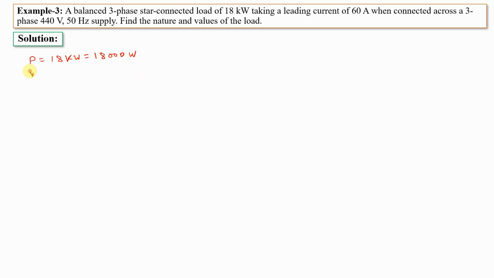The voltage, that is the line voltage, is 440 volt. Remember one thing, when in numerical questions the voltage is given for a three-phase circuit, it is always line voltage, unless it is mentioned otherwise. And the frequency here is 50 Hertz.